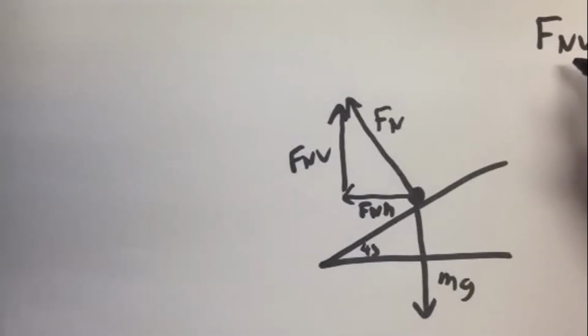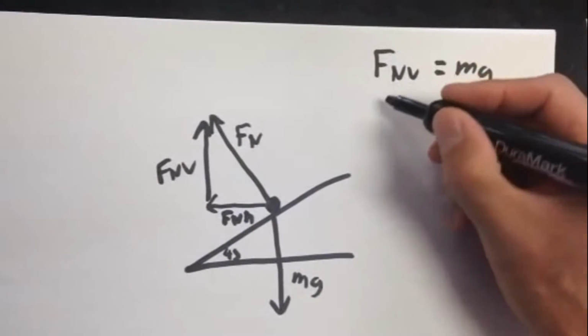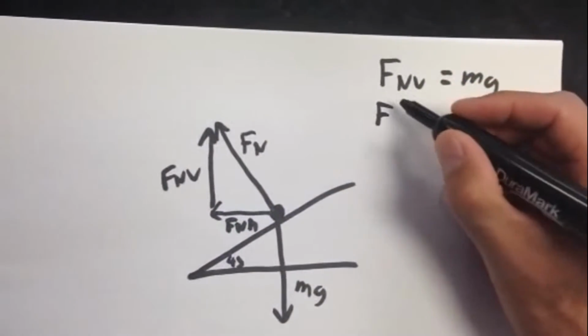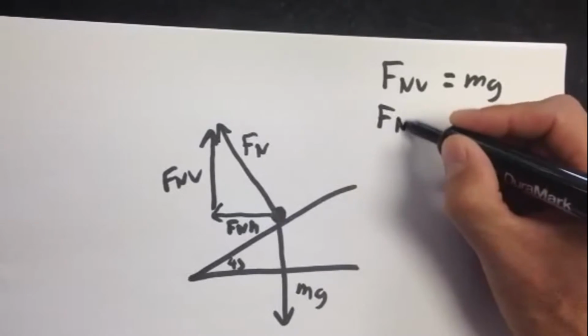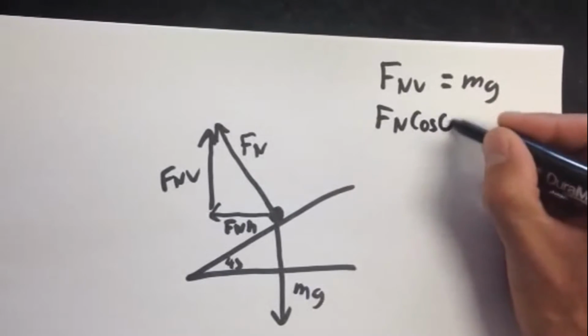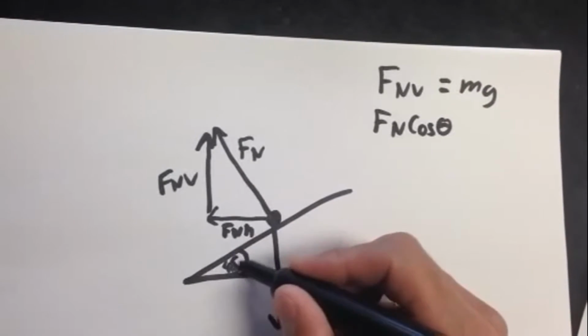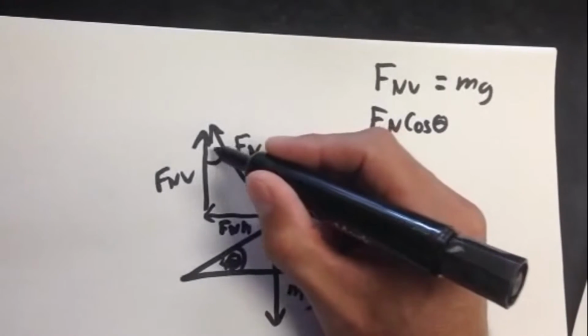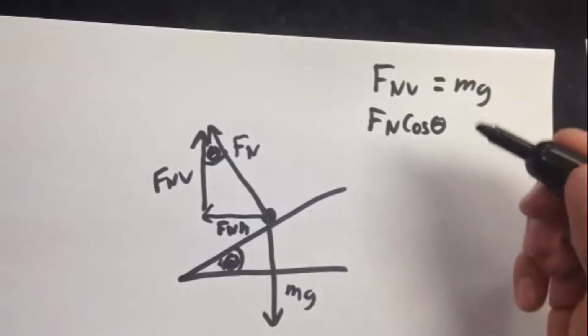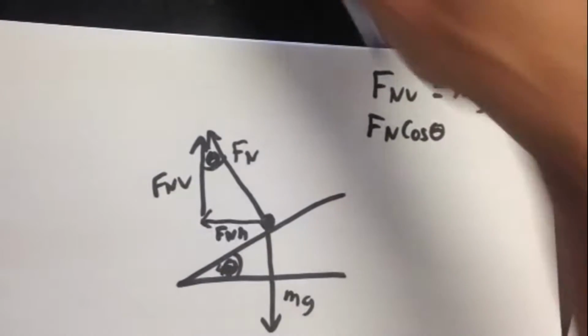Now, the normal force's vertical component is equal to the normal force times the cosine of this angle here. So if this is theta, then this is also theta. If you're not sure why, look for a Z pattern.